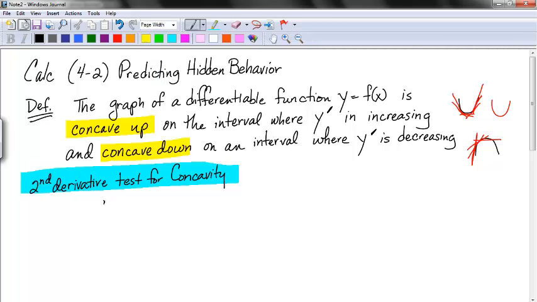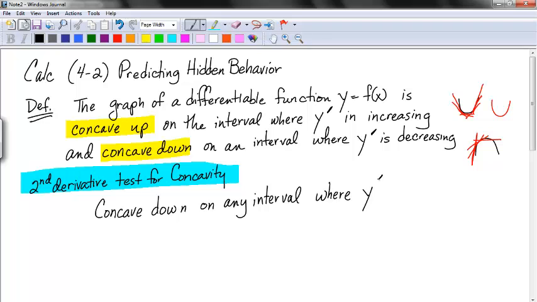Okay, it's concave down on any interval where y double prime, the second derivative, is less than 0.